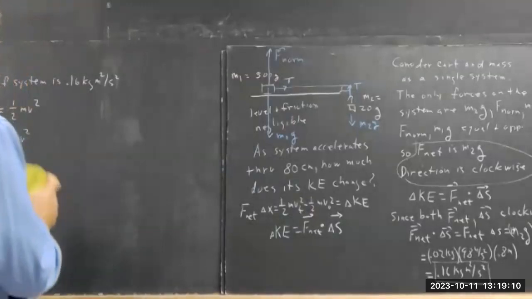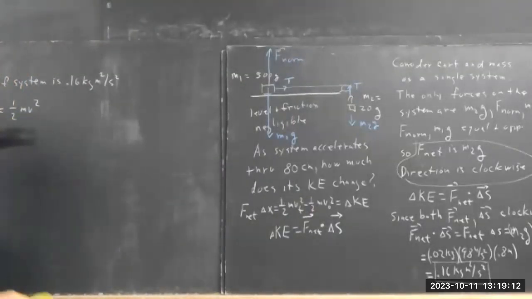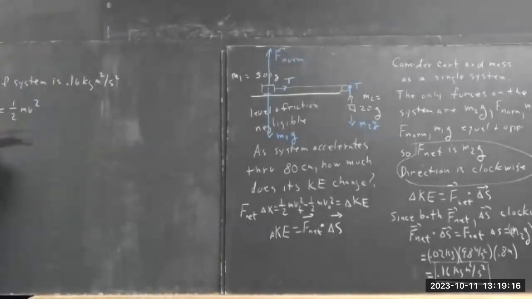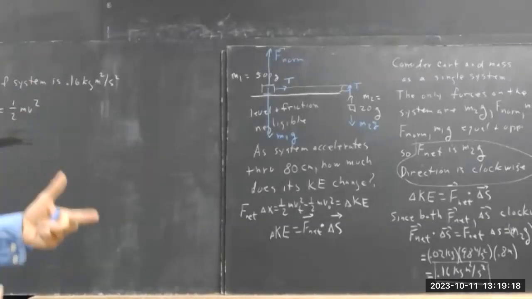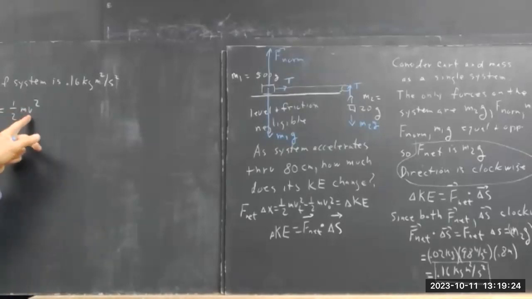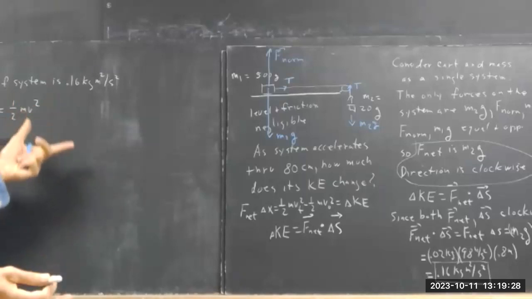It's handy to be able to solve that for V, because a lot of times you'll do that. You'll know kinetic energy from some analysis that didn't involve the equations of motion. Now you want to find the velocity. If you know the mass, you find the velocity.